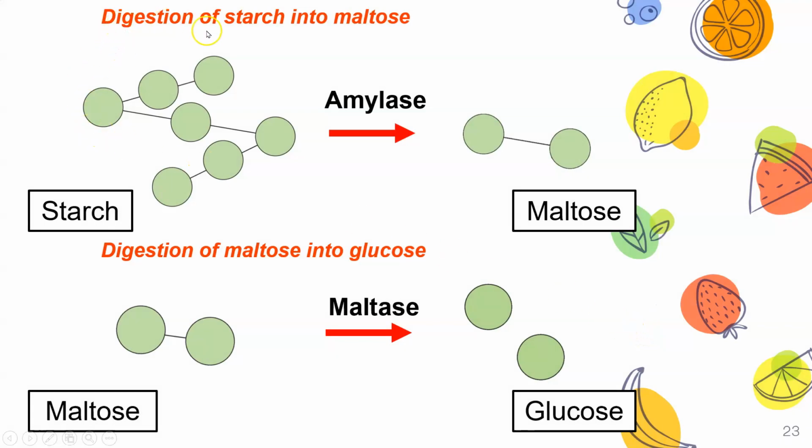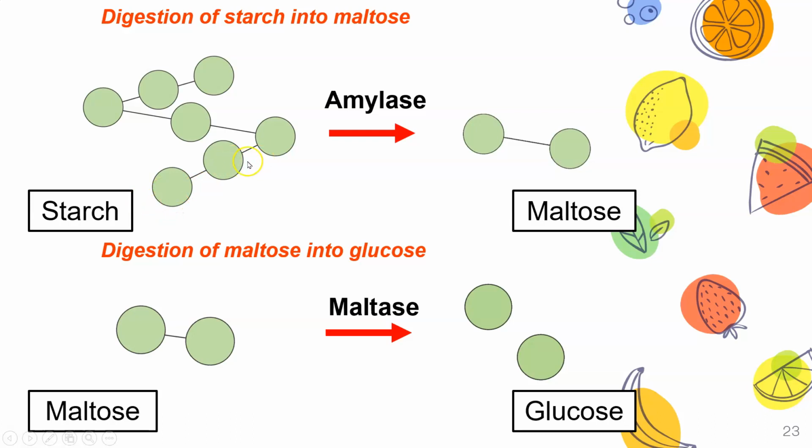So the digestion of starch into maltose. Starch is a long chain. Each of these balls represents 1 glucose molecule. When you string them all together in a long chain, it is termed starch. And actually, the way it's arranged can also change it from starch to other forms, which we will cover in another lecture.